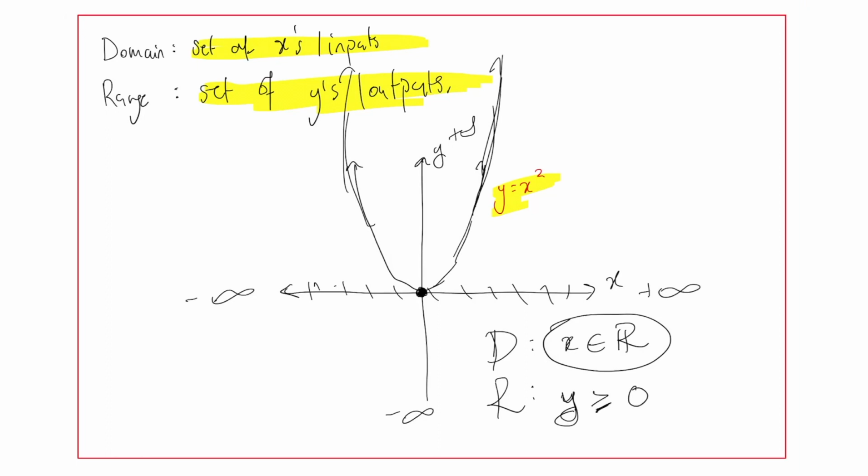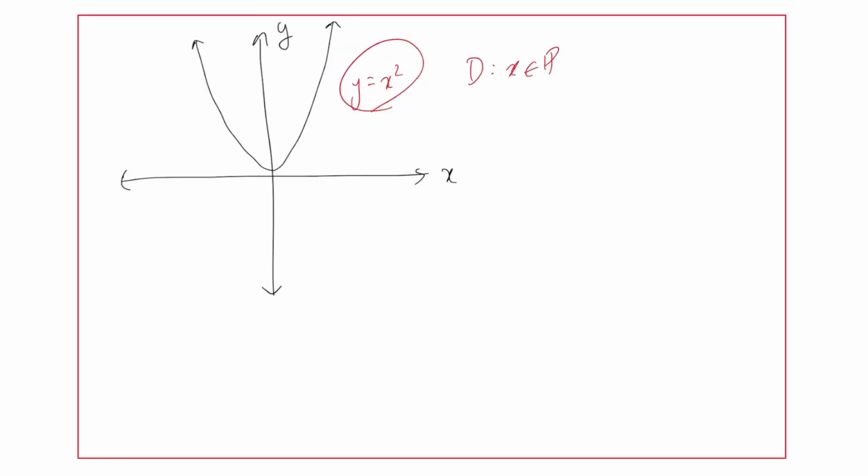So starting from 0 and including 0, so that's why we put this equal, greater than or equal to, and above, the function exists on the y-axis. That's the set of all outputs for this function. So all y that is greater than or equal to 0. So we found the domain, x belongs to real numbers, range, y is greater than or equal to 0.